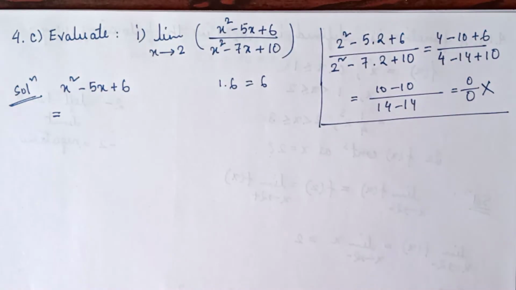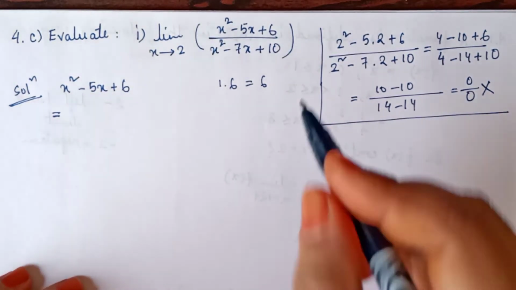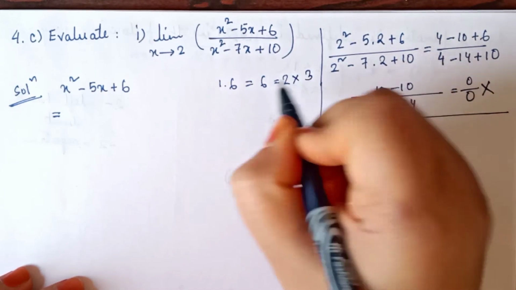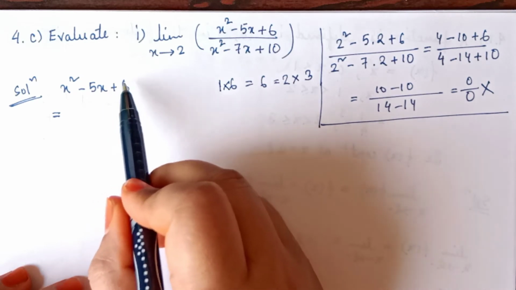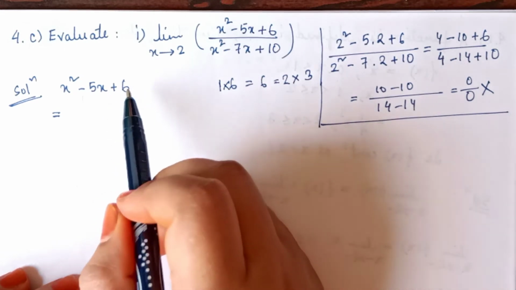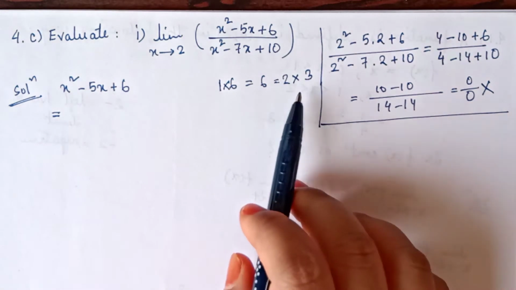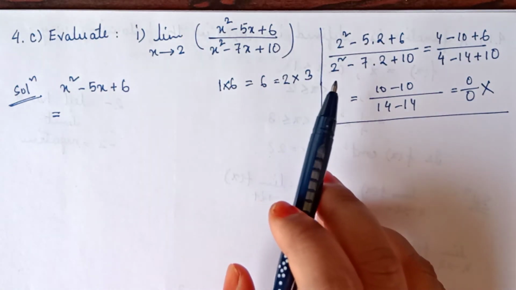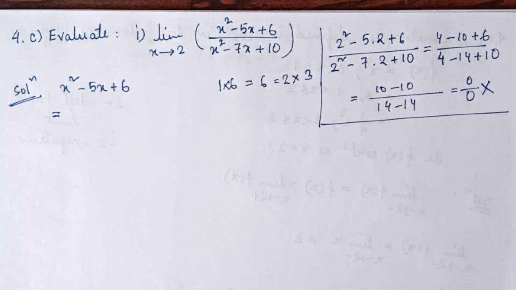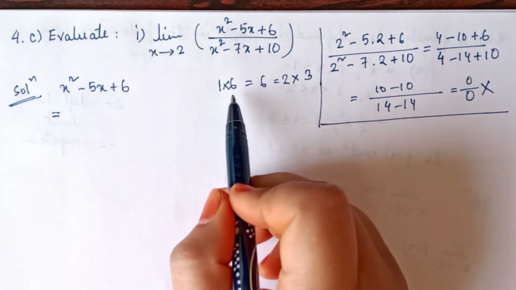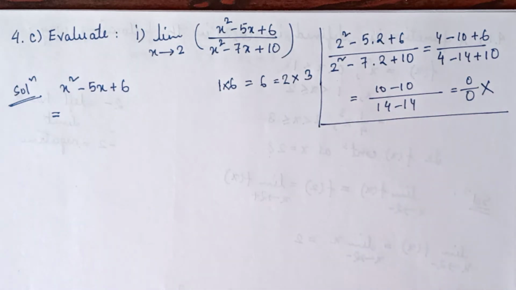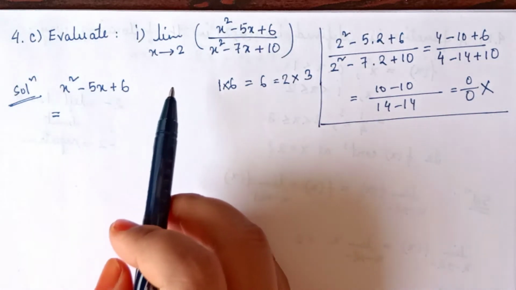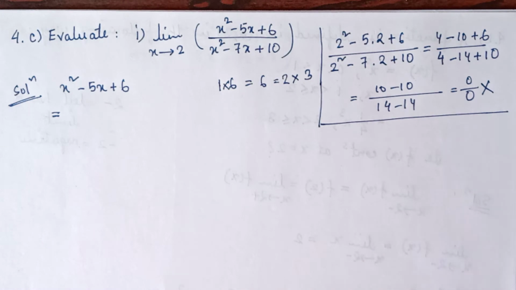See here, 6 can be represented as 2 into 3. Since 6 is a positive value, or you can say there is a plus sign before the 6, we have to take the summation of the factors which will give the value 5, because 6 minus 1 also gives 5, and 2 plus 3 is also equal to 5. Since this is a positive value, we have to consider the summation of the factors.